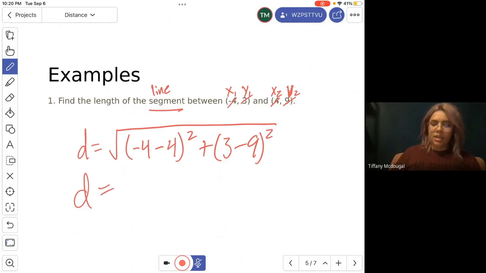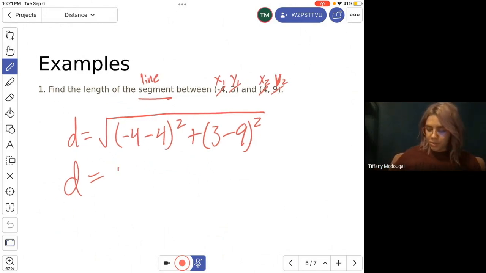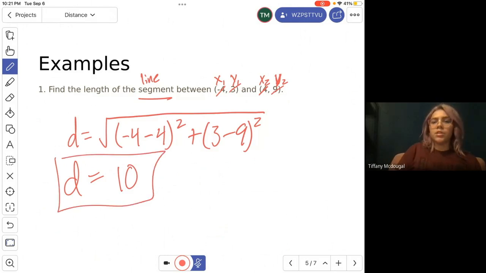And then I'm going to take that, plug that into my calculator, and I get, using my Desmos calculator, because I do not have a graphing calculator with me, a minus 9 squared, and I get 10. Oh, a nice whole number. No rounding necessary, just a nice whole number. Great.